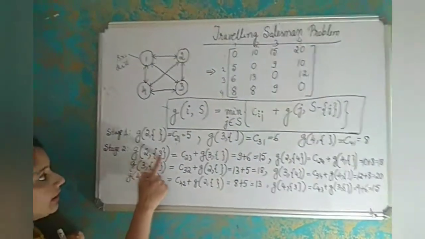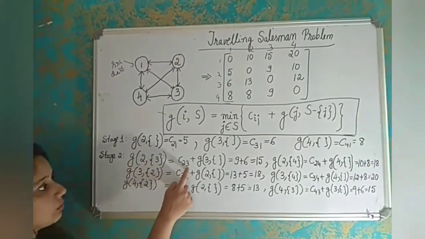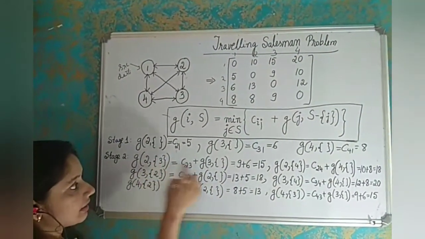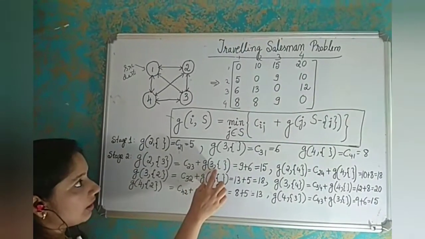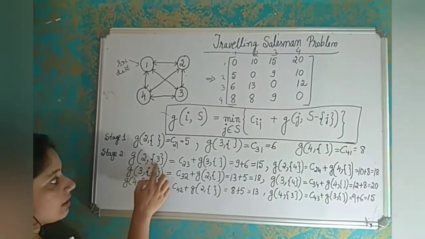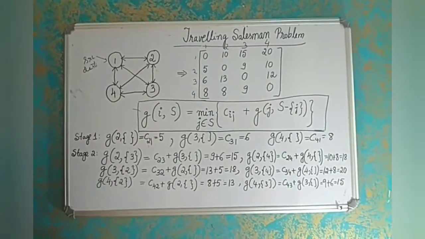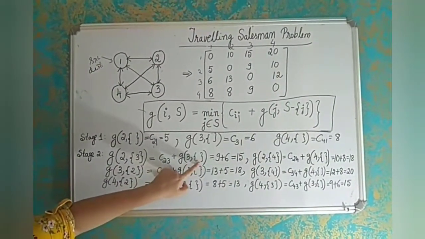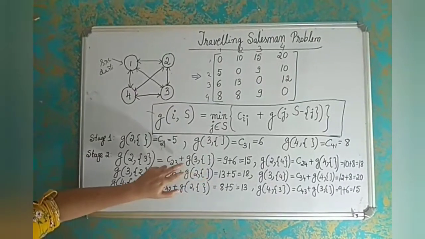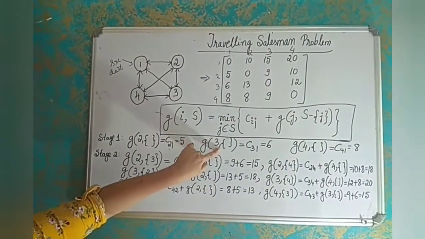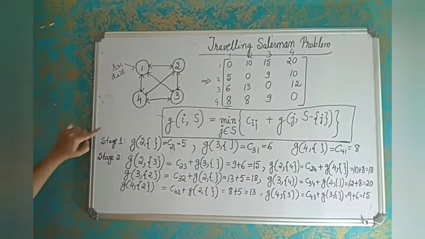Cij is C23 plus G of J, J is nothing but 3, comma S minus J. S is what? 3. 3 minus 3, so there is nothing in the set. So it is 3 comma null set. So G of 3 comma null set, we have already calculated in the first stage.